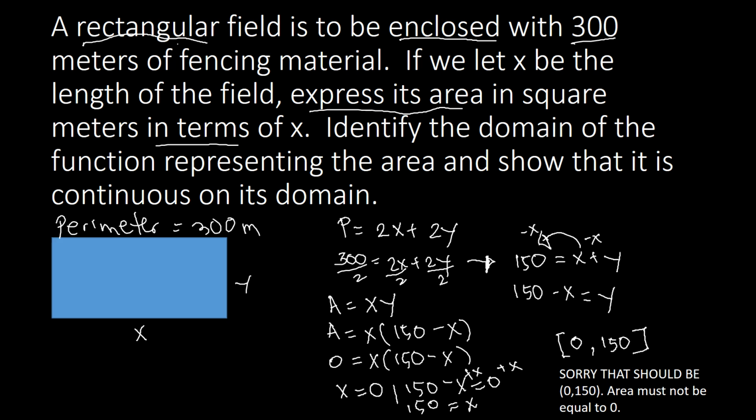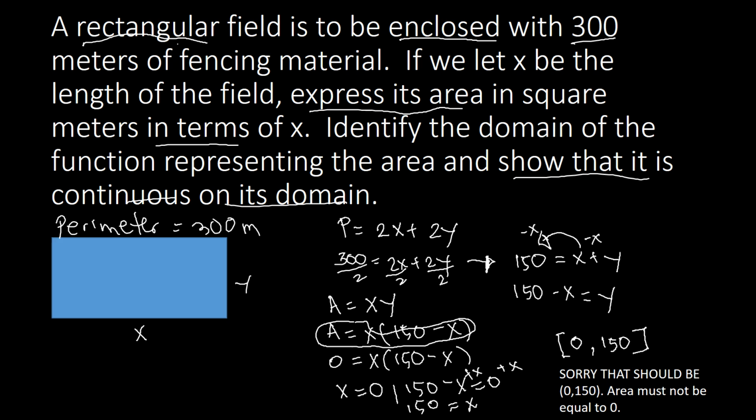Now, the next step is for us to show that it is continuous on its domain. Let's recall how to prove continuity on an interval. Looking at the area, the area function is a polynomial, and with polynomials we do not have any problem at all.